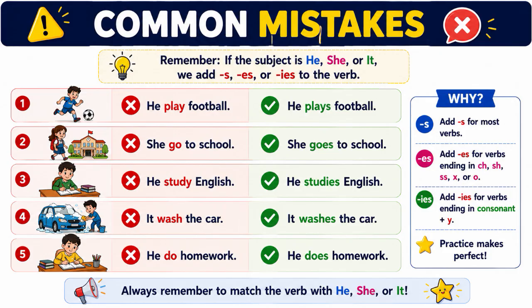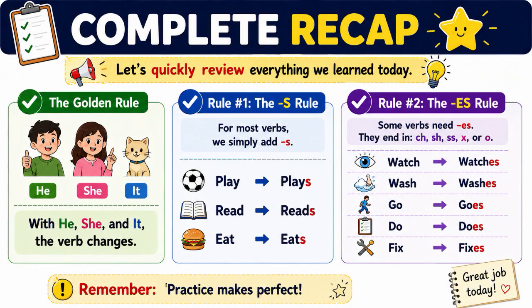Complete recap. Let's quickly review everything we learned today. The golden rule: with he, she and it, the verb changes. Rule number 1, the S rule: play, plays; read, reads; eat, eats. Rule number 2, the ES rule: watch, watches; wash, washes; go, goes; do, does; fix, fixes.